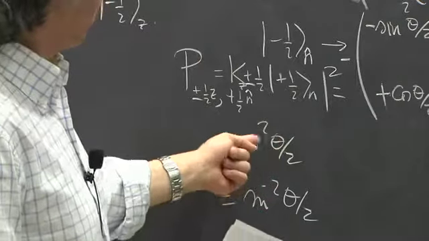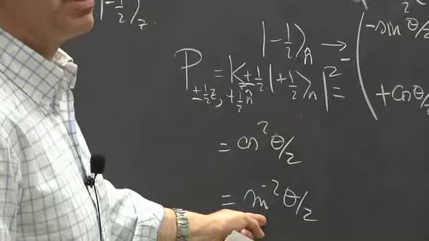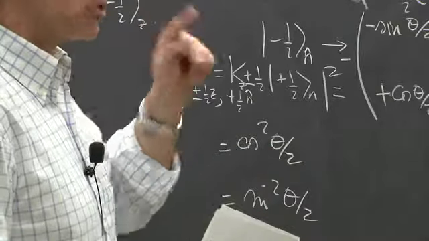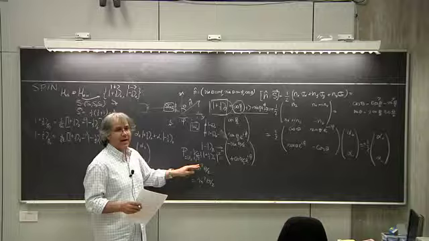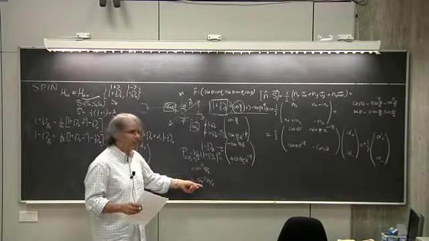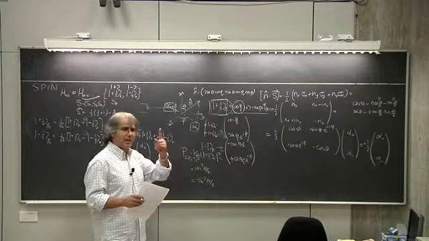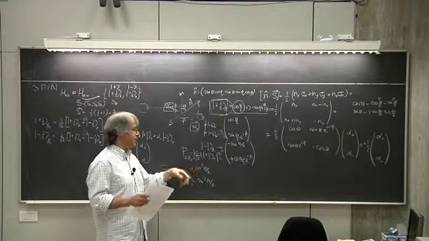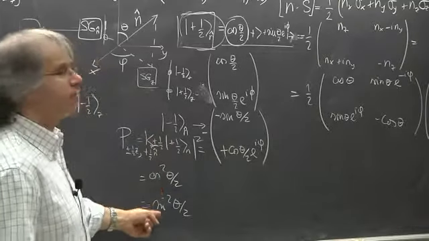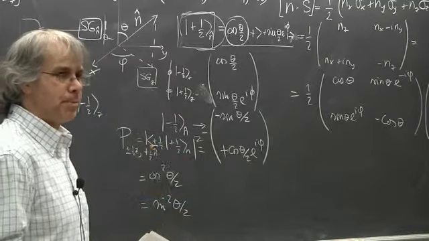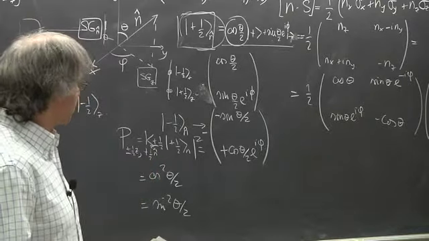Yes, because you have 1 over 2 and 1 over 2 here. If I measure in another direction, the two will be unbalanced. So I can actually verify that this is different from that. In any direction theta, I should find a probability of getting one spot definitely different from the other, in principle. So I can verify this.